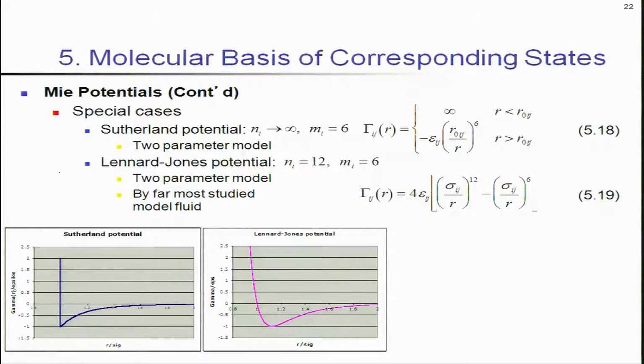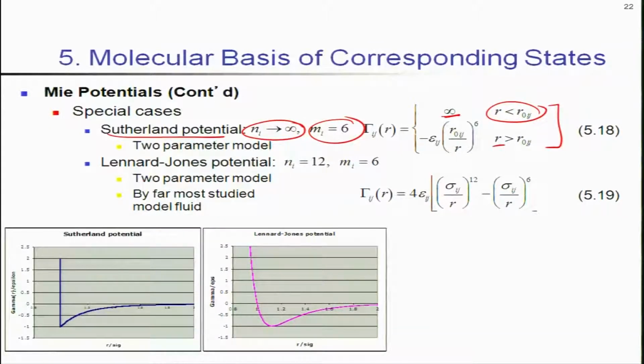So you have the Sutherland potential, where n is considered to be infinity and m is 6. When you plug these values into this equation, you basically get this expression: for r less than r0 ij, which is basically the average diameter, or the specific distance between i and j, the potential is infinity.